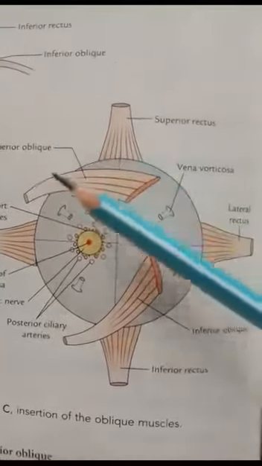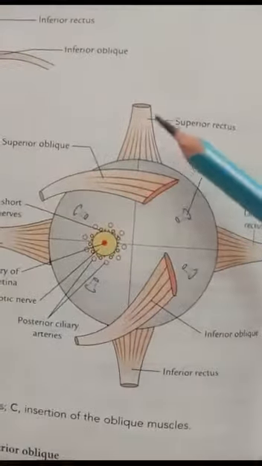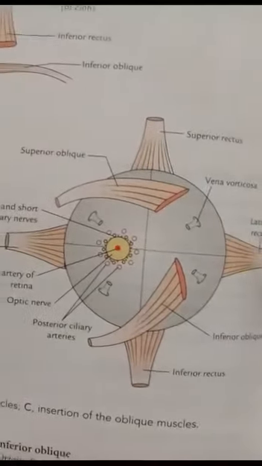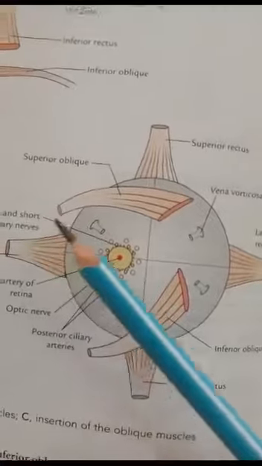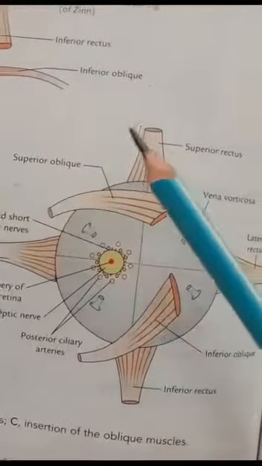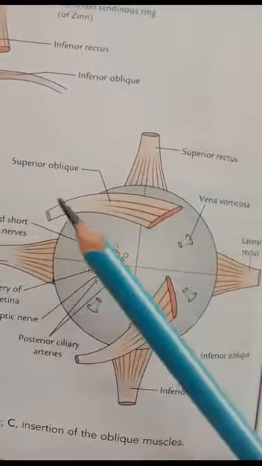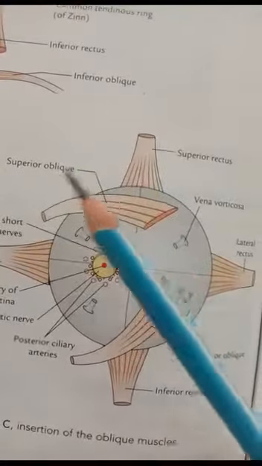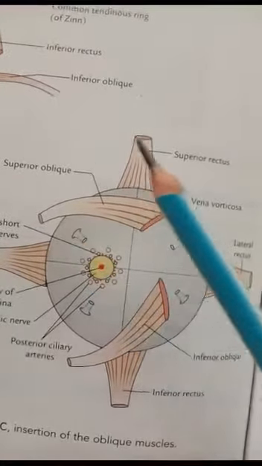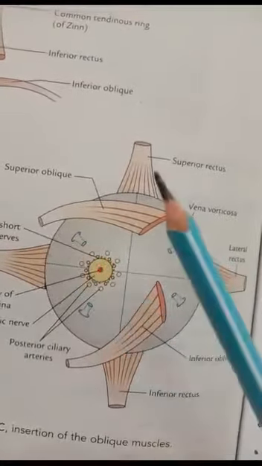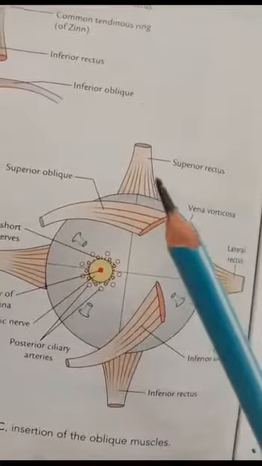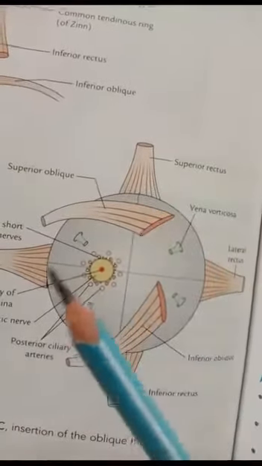So that is the four recti muscles: superior rectus, inferior rectus, lateral rectus, and the medial rectus. These four recti muscles arise from the common annular tendon or the tendinous ring, and this ring is attached to the orbital surface of the apex of the orbit.